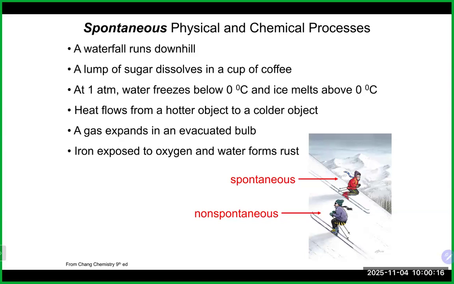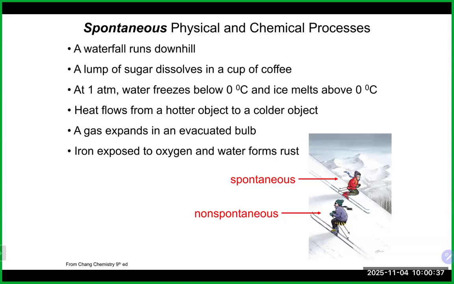That is what we're talking about when we say a reaction is spontaneous. You could have a spontaneous reaction that's really fast, or one that's really, really slow. But it's the idea of whether, under those specified conditions, a reaction will happen.